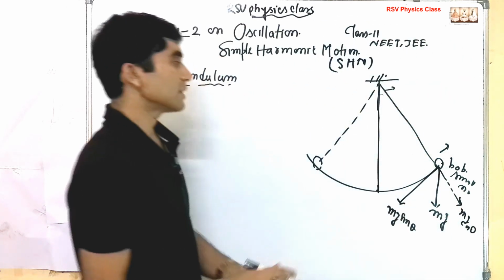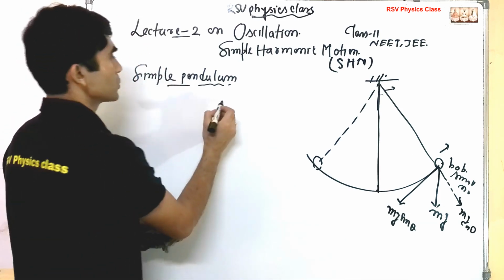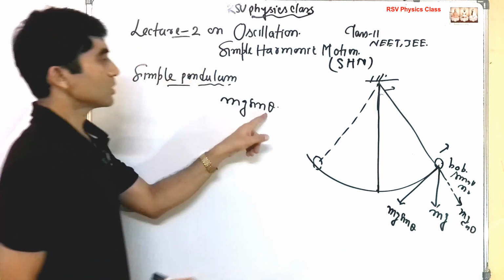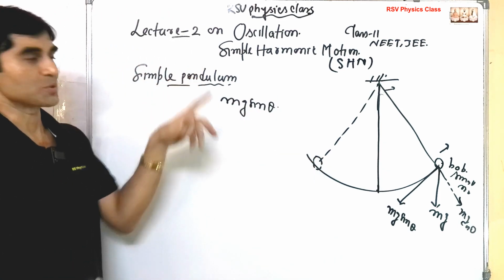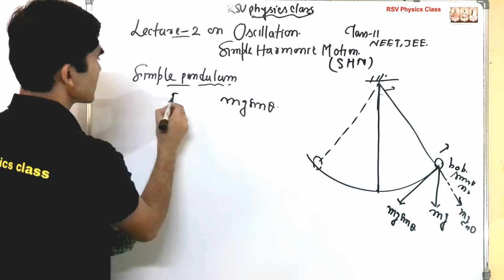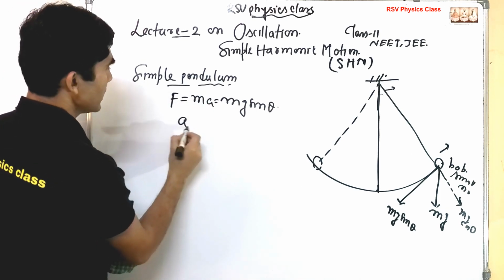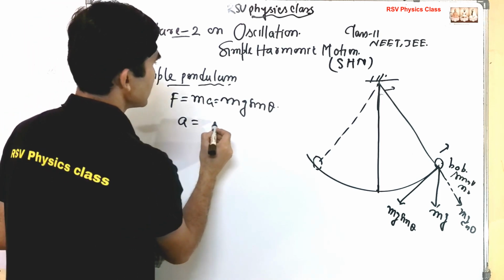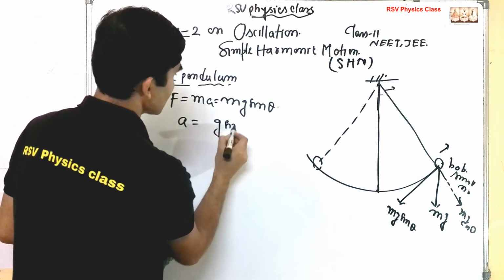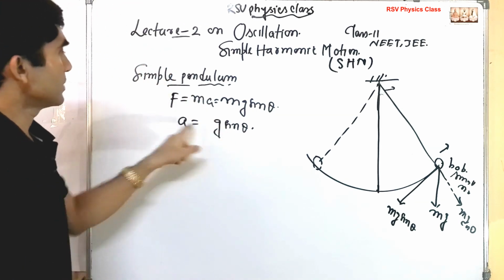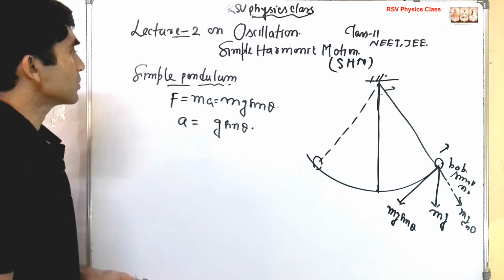So mg sin theta will be the restoring force for the simple pendulum. So for that restoring force we can write F equal to m into a equal to this. So a equal to g sin theta.